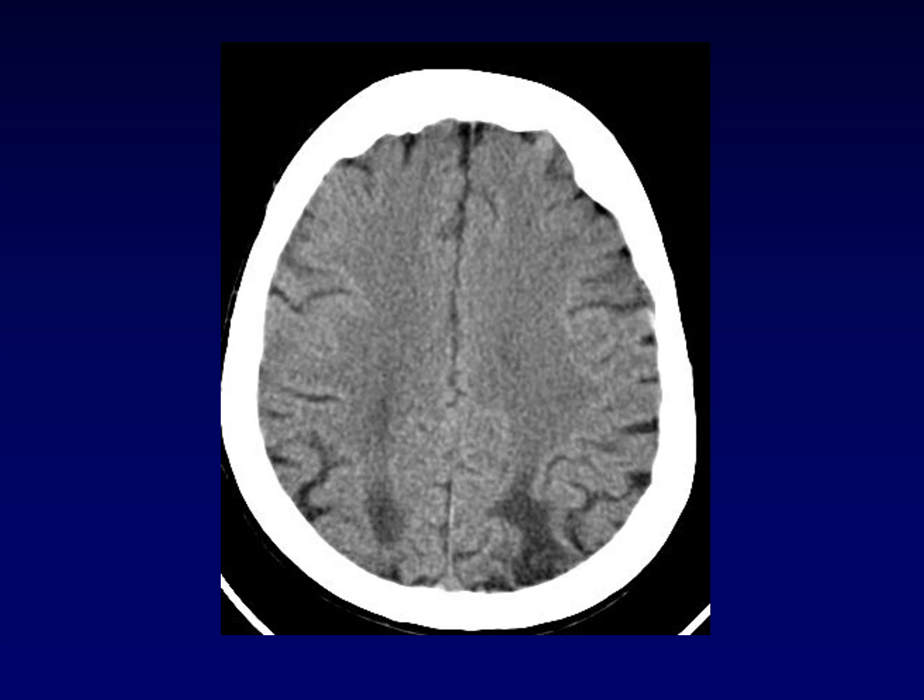There are other types of strokes besides the thrombotic stroke we were just talking about. This is a different type of stroke, and you might ask yourself, well, which of the vascular territories are these strokes in? And it's not clear, right? It's right about where you'd expect the middle cerebral artery to end and the posterior cerebral artery to begin. The other interesting thing is that it's perfectly symmetric. Both sides are affected. These strokes are called watershed infarcts, and they occur right at the borderline between one vascular territory and another.